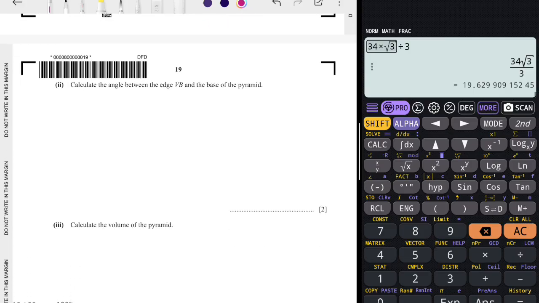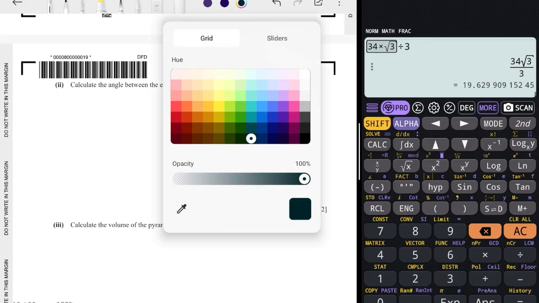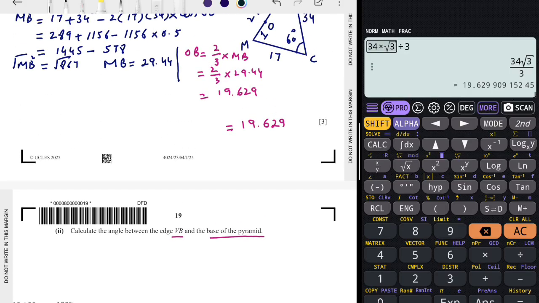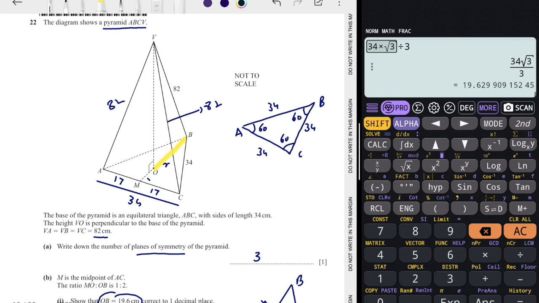Next part, calculate the angle between the edge VB and the base of the pyramid. For that purpose, first of all, we have to see a diagram, and actually what we have to find out is the angle between the edge VB, this one is VB, and the base of the pyramid, that is BM.